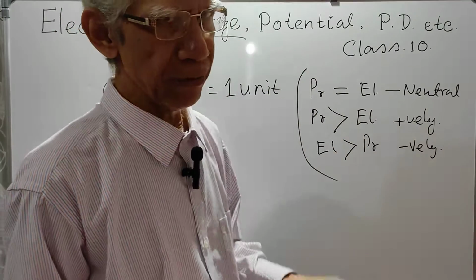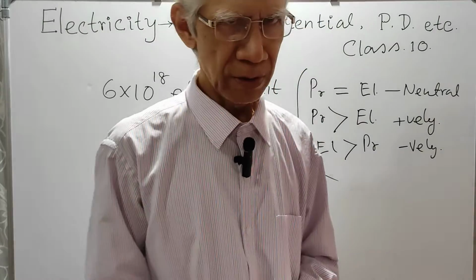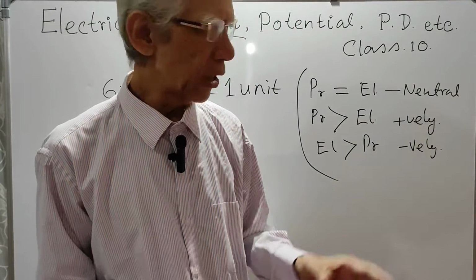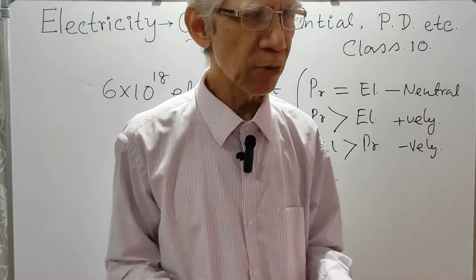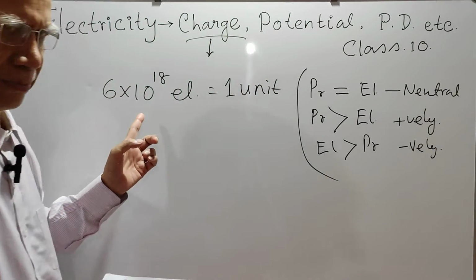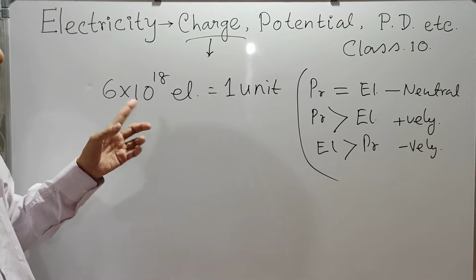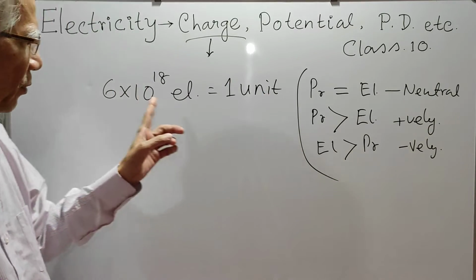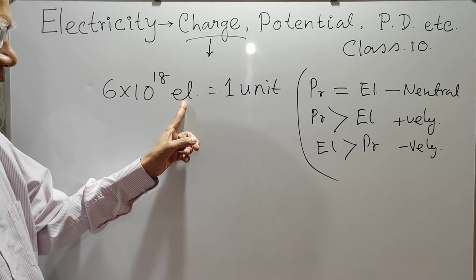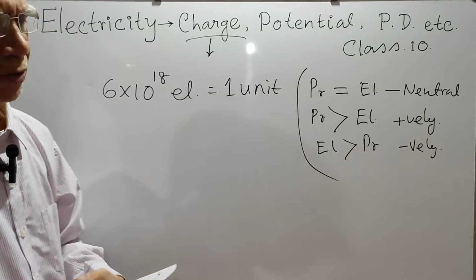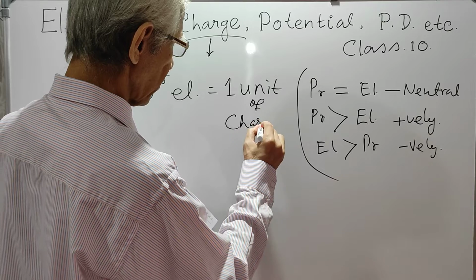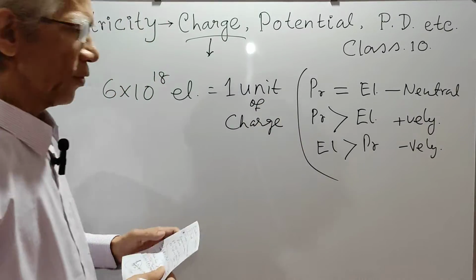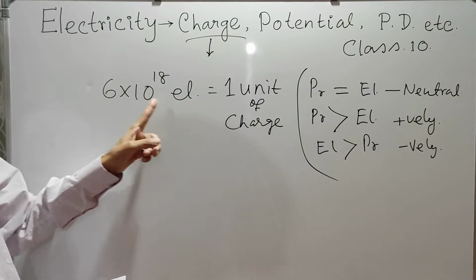So, in order to quantify that charge, although it is a property, in order to give it a definite unit, so call it a physical quantity, the scientists have done this. They have considered the total charge of so many electrons as 1 unit of charge. Now, obviously, it will be 1 unit of negative charge.